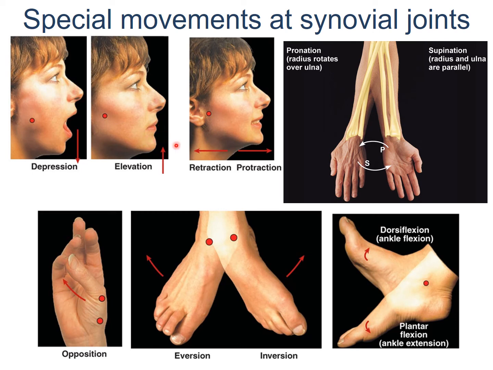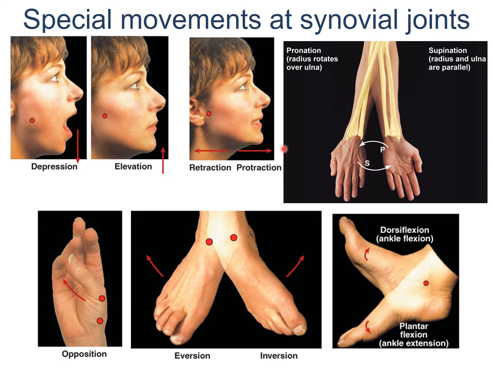Then we've got retraction and protraction. A retraction means that a body part is moving in a posterior direction. I think maybe she's trying to do that with her jaw, like trying to send your jaw backwards. A protraction means that a body part is moving in an anterior direction, so she would be trying to stick her jaw out.